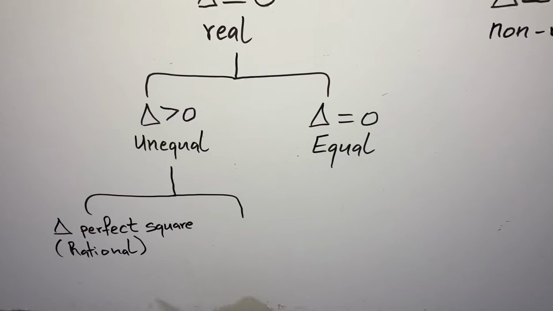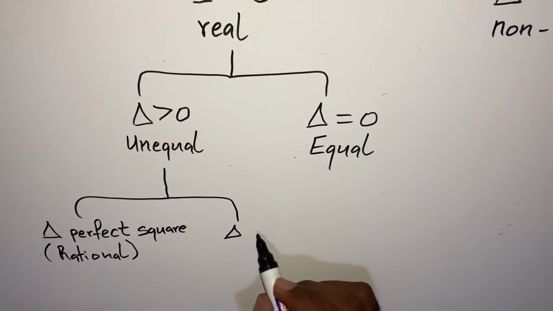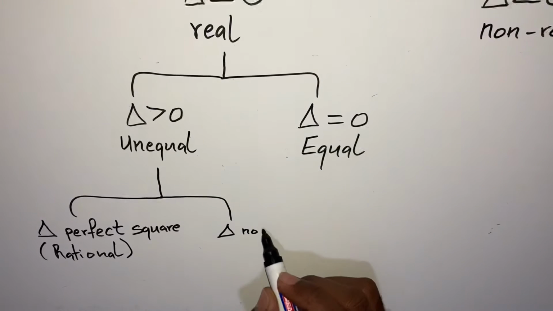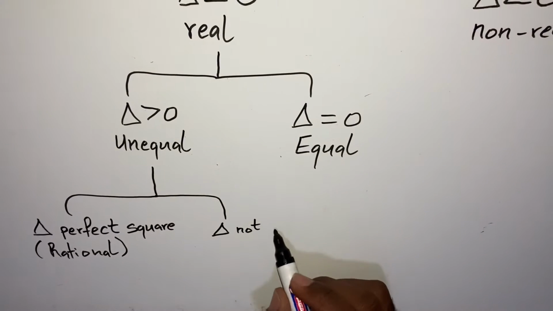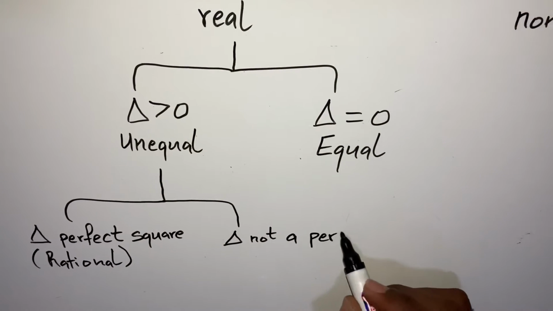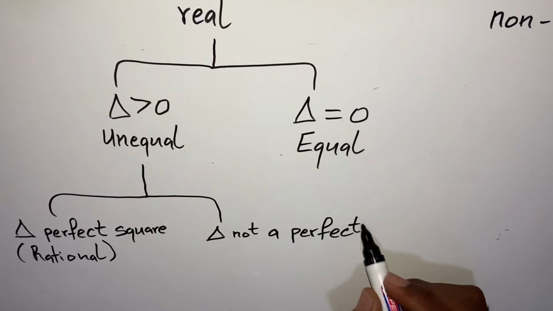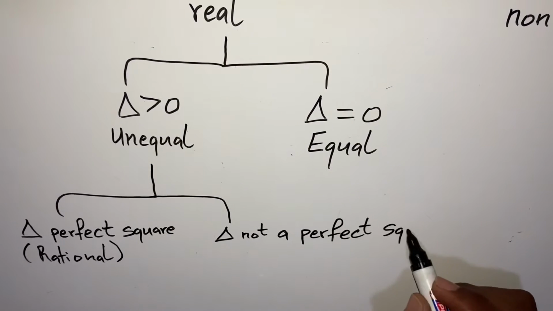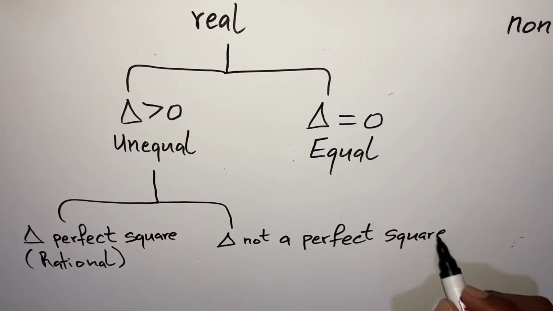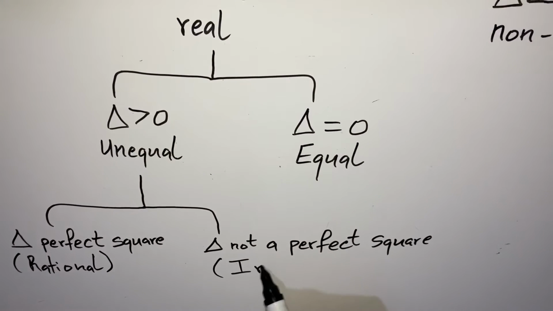Then if you find your delta not being a perfect square, you'll comment by saying your roots are irrational.